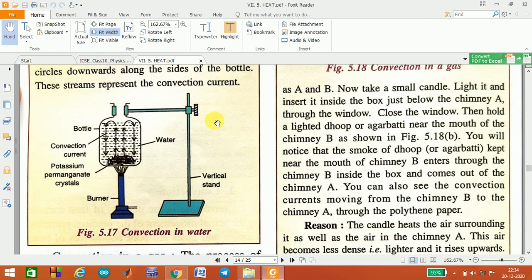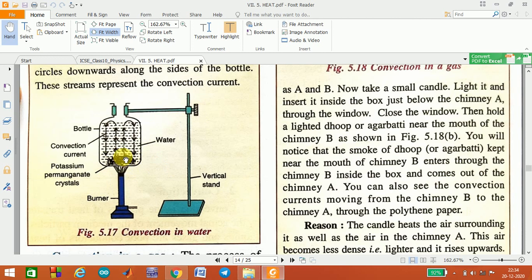First take a bottle, fill it about 3/4 with water, and gently drop a few crystals of potassium permanganate into the bottle to make the water colored. Okay, when you put some potassium permanganate, the water color should be light pink or dark pink. Okay, so fix the bottle on the vertical stand and heat it over the flame of a burner as shown in this figure. Okay, you can see the figure here.